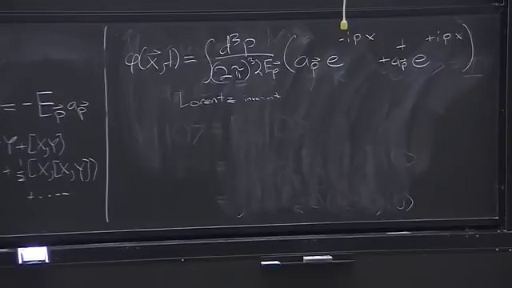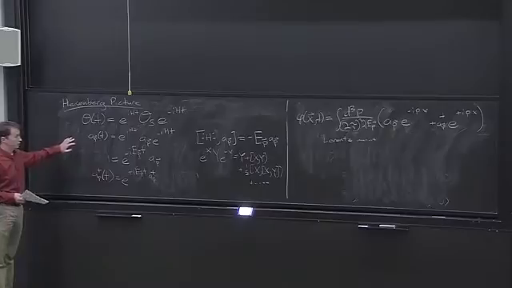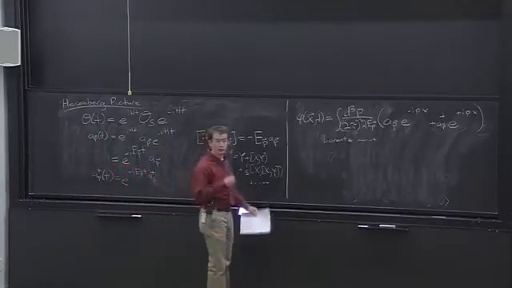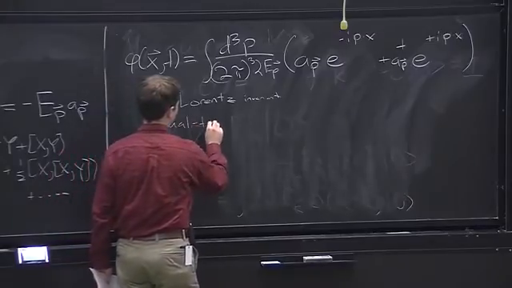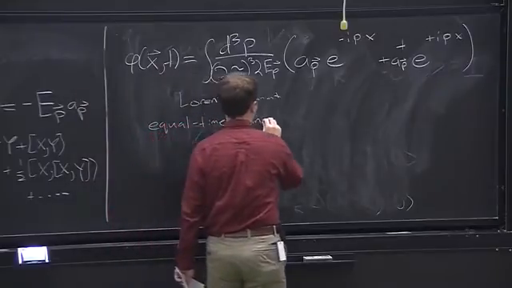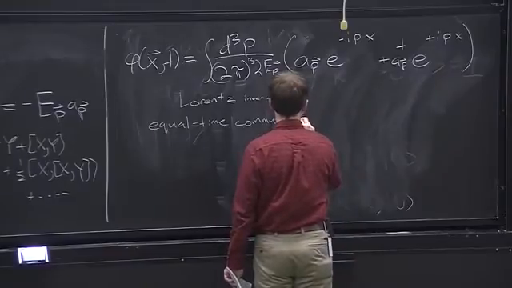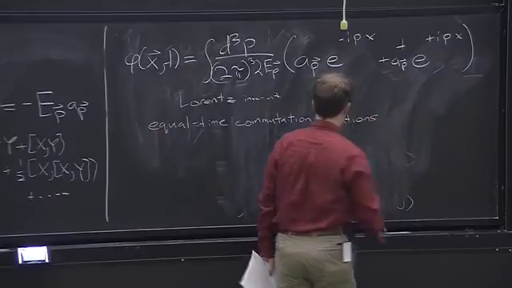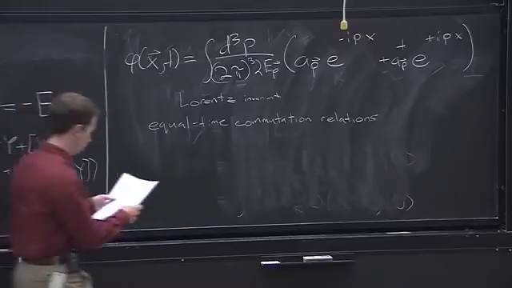But there's still a hint of Lorentz non-invariance, because if we want to write the commutation relations in the Heisenberg picture, we need to write equal time commutation relations. So time, again, plays a special role in the way we're thinking about the theory, even though the theory is actually Lorentz invariant.